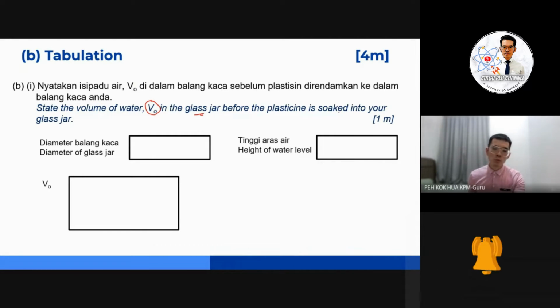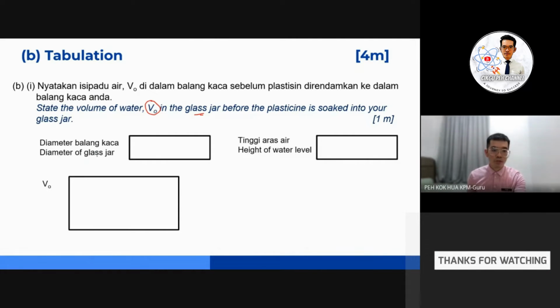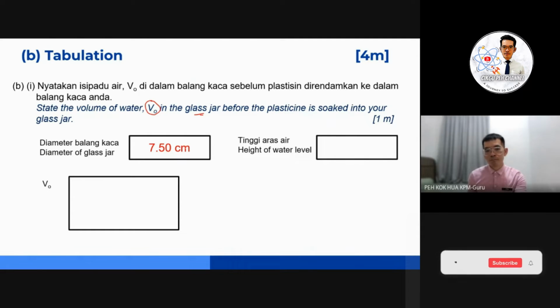So as I mentioned, two readings will be measured, which will be the diameter of the glass jar, which is 7.5 cm, which I actually showed you how to measure in the simulation just now. And the second, I also showed you how you measure the height of the water level in the simulation, which is also 7.5 cm. And you can have your own reading.